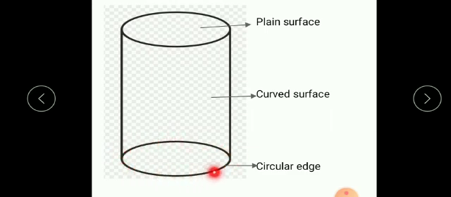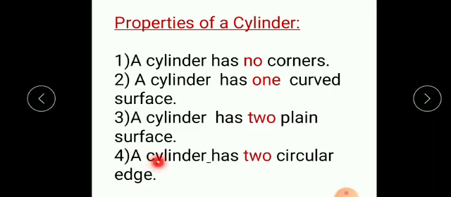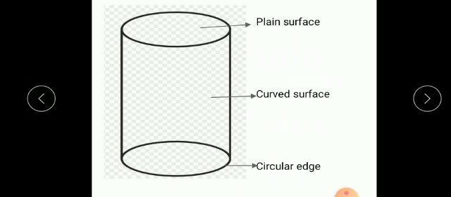So how many circular edges are there in a cylinder? 1 and 2. So a cylinder has 2 circular edges.